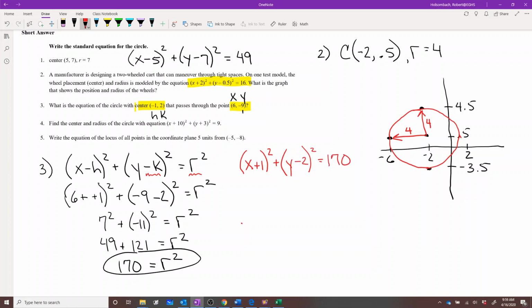So there's our equation in standard form with the center at -1, 2, and it passes through the point 6, -9.